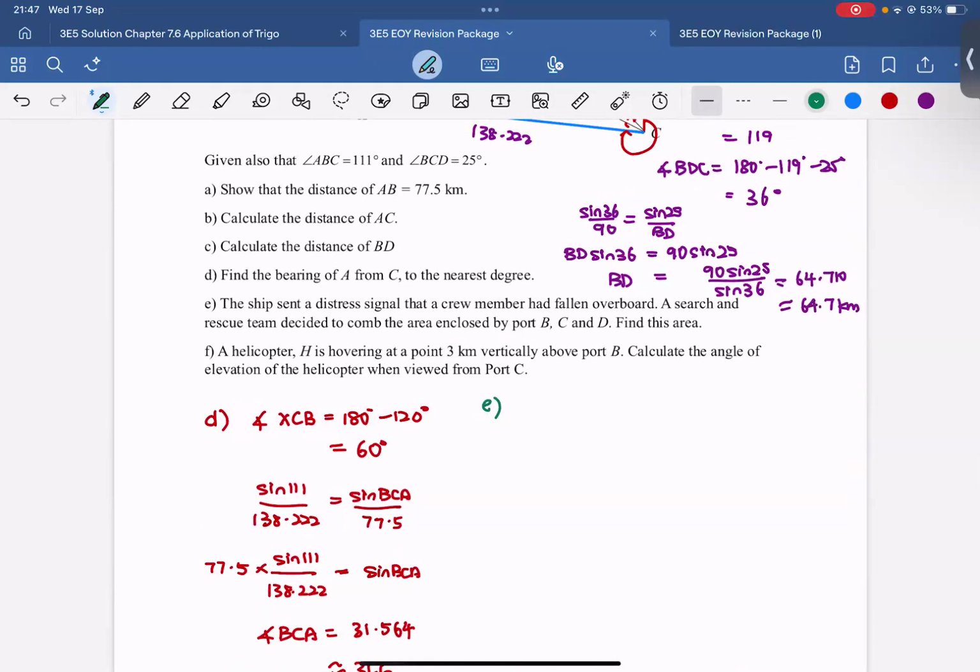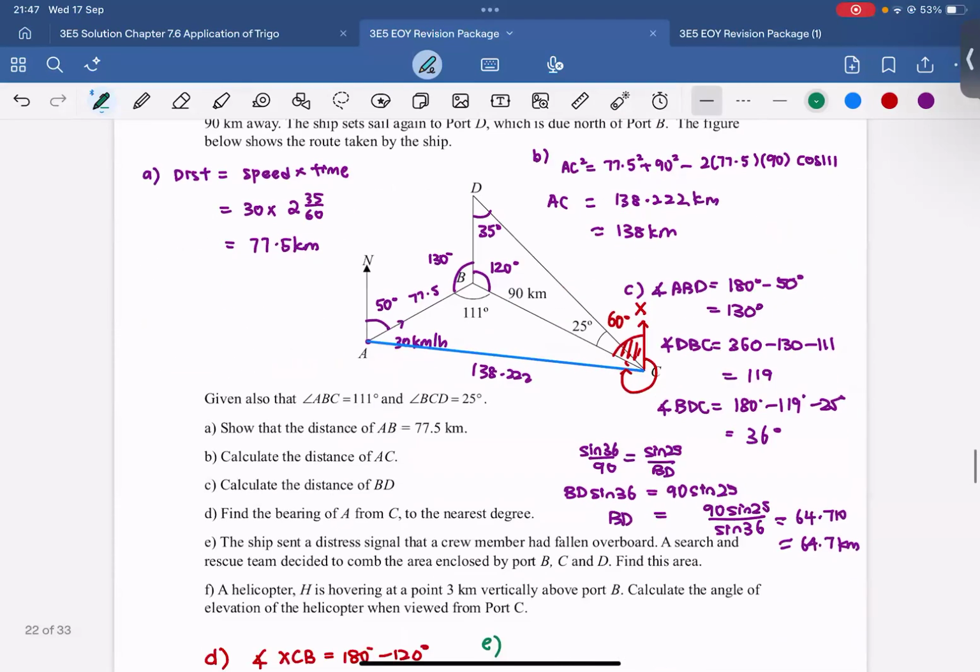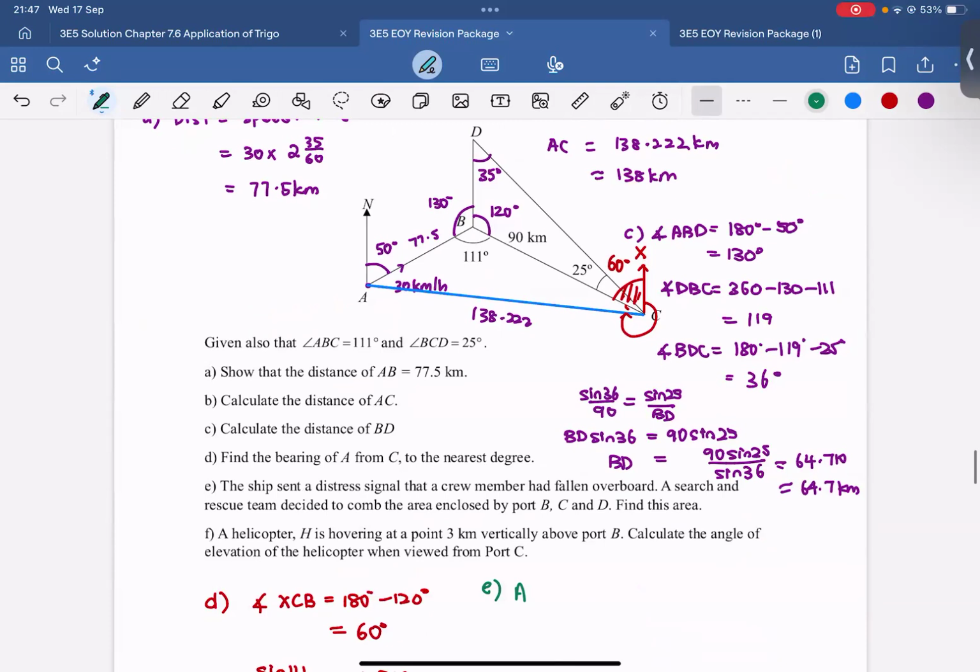E. A ship sends a distress signal that a crew member has fallen overboard. A search and rescue team decided to comb the area enclosed by BCD. So, to find area BCD, it's just your formula, half AB sin C. I got the 90. I got the BD, which is 64.710.